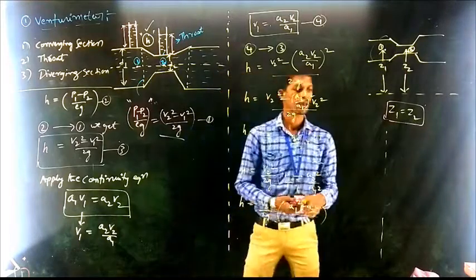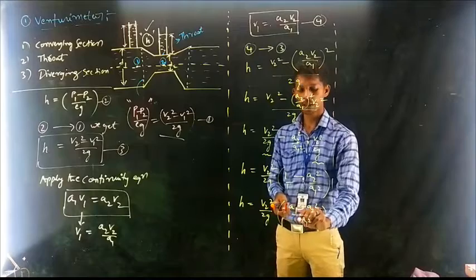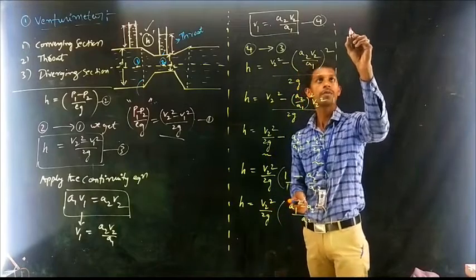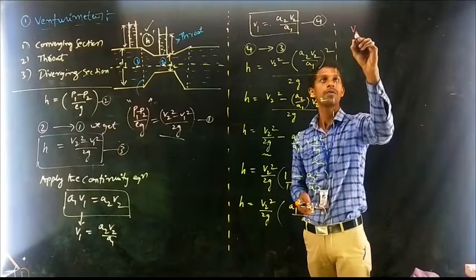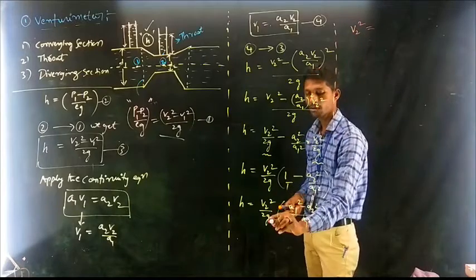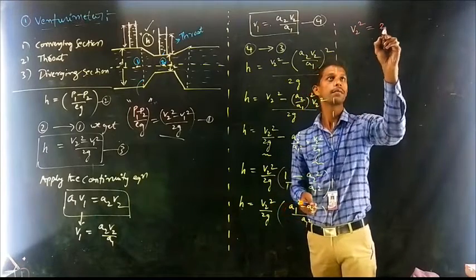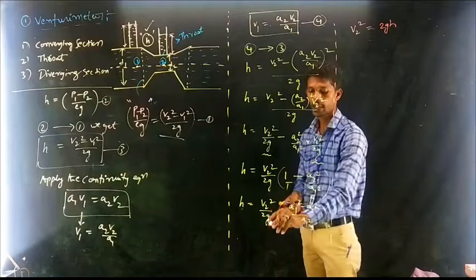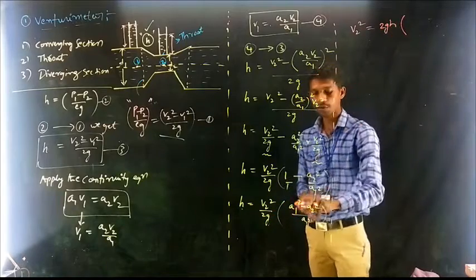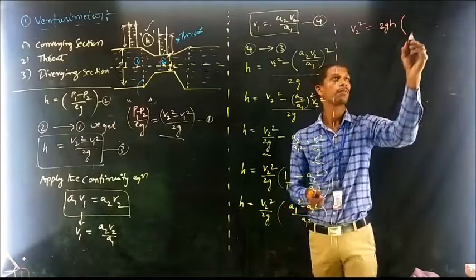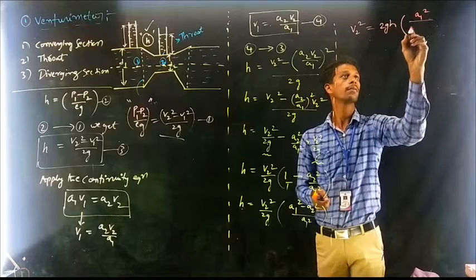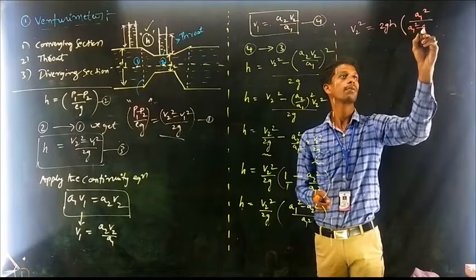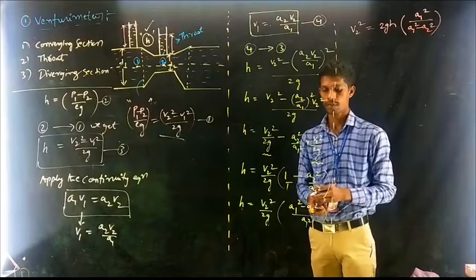So in this equation, V2 square is equal to 2G into H, and this term will be reversed: A1 square by A1 square minus A2 square.